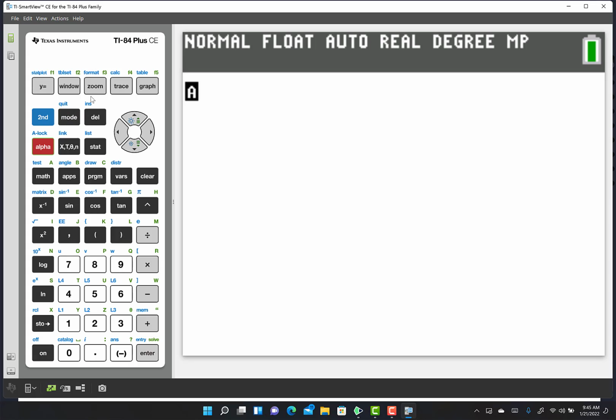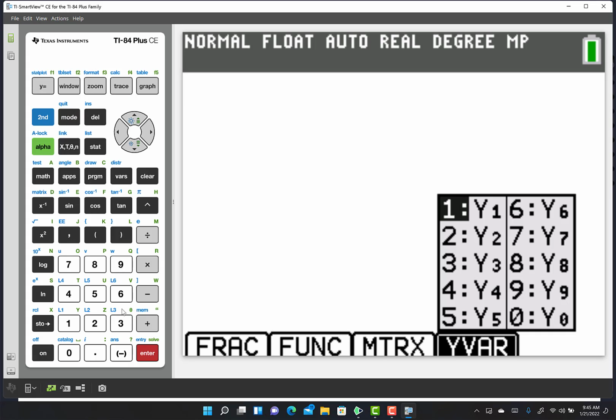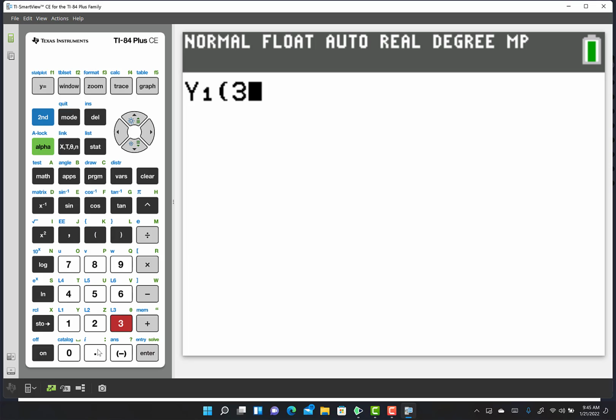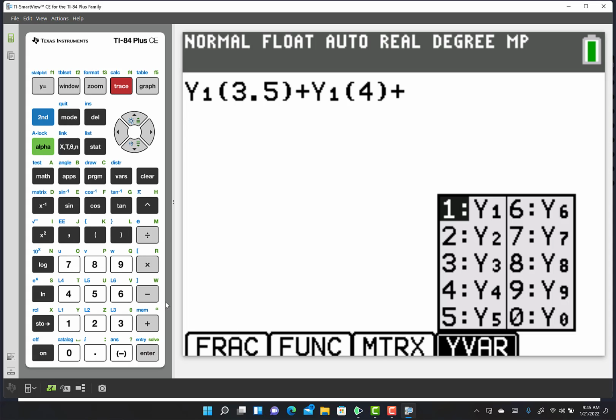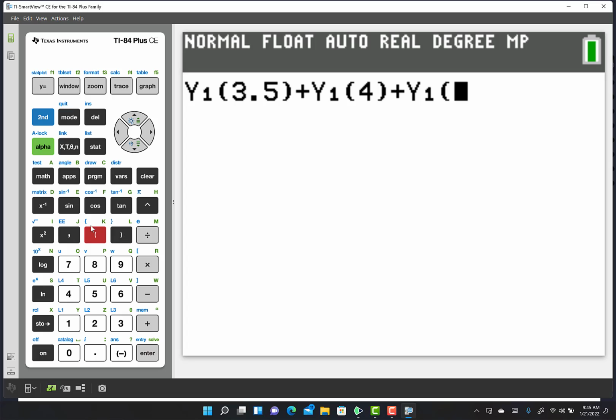So alpha, trace, enter 1 at 3.5. Close, plus alpha, trace, enter at 4. Plus alpha, trace, enter 4.5.